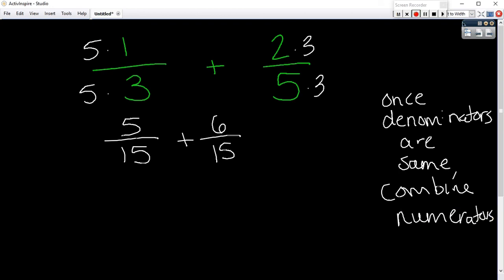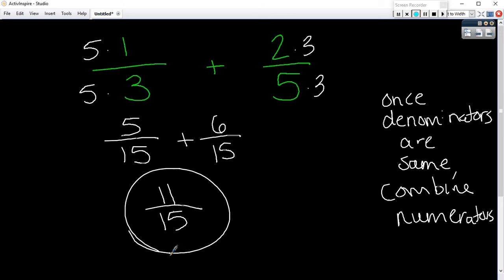I'll give you a second to copy that. All right, so looking at the tops, 5 and 6, that gives me what? 11? And you keep that denominator. Don't add that, you keep it. Okay, so you combine the numerators, leave the denominator.